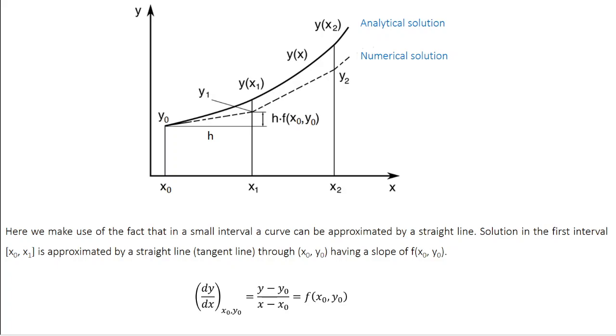So basically you can only move step by step. You cannot directly find the solution. So that's what I have depicted here. I want to find the solution at x2, but I divide it into two subintervals, x0 to x1, x1 to x2. I find the solution in the first subinterval, then using that value I find the solution in the second subinterval. So it is a step-by-step procedure.